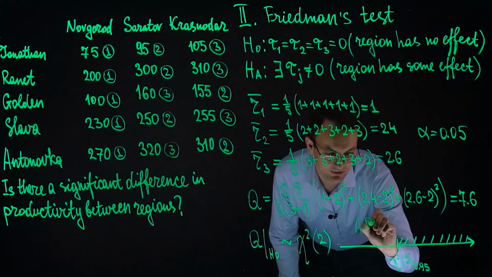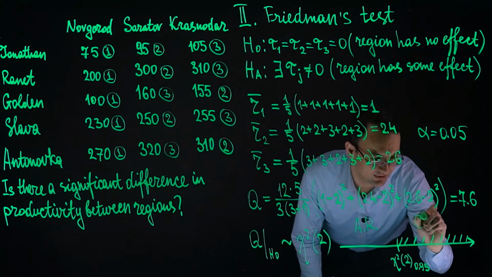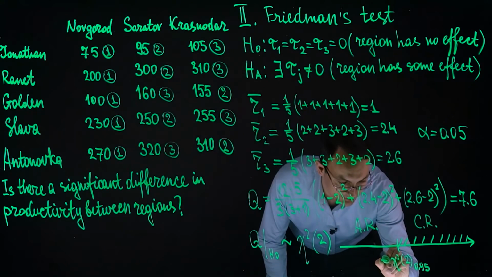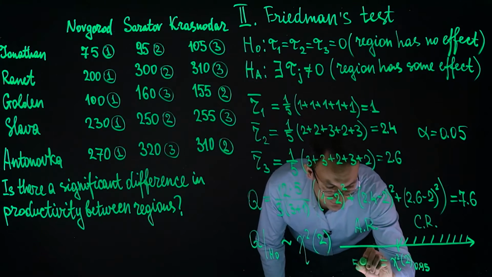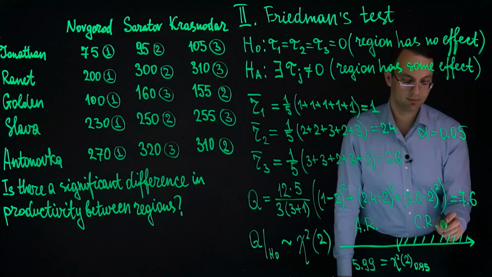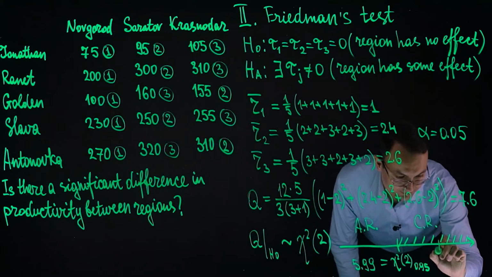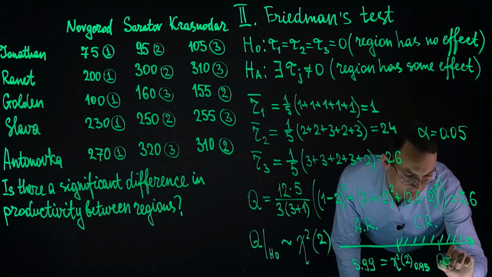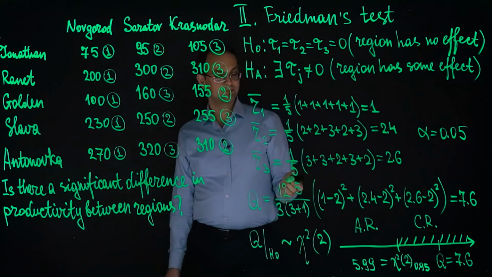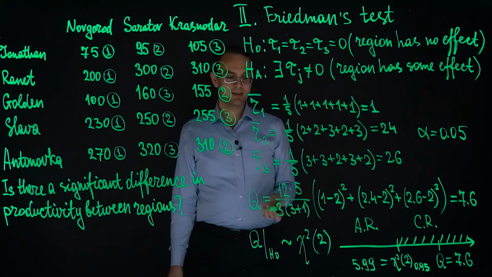And so here we have the acceptance region, and here the critical region. This quantile is 5.99 approximately, and the test statistic is 7.6. So we are in the critical region. The test statistic is in the critical region.